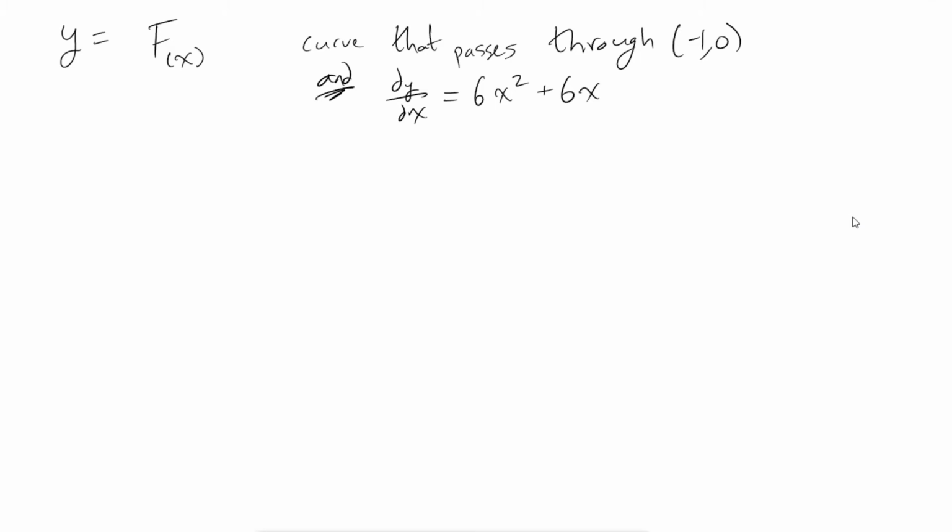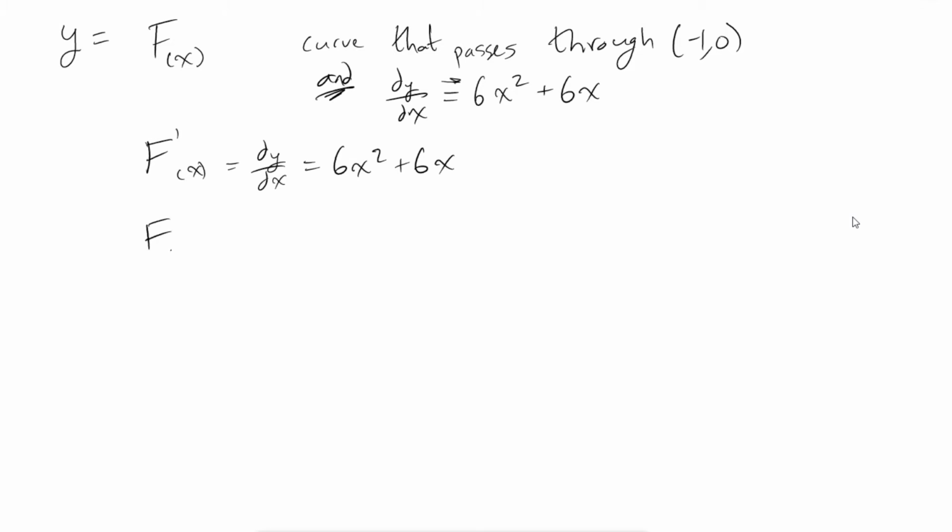Well, the derivative of y with respect to x in this case is going to be the derivative of big F of x, right? So we are trying to find the antiderivative of this basically. So f prime x is equal to dy dx is equal to 6x squared plus 6x.